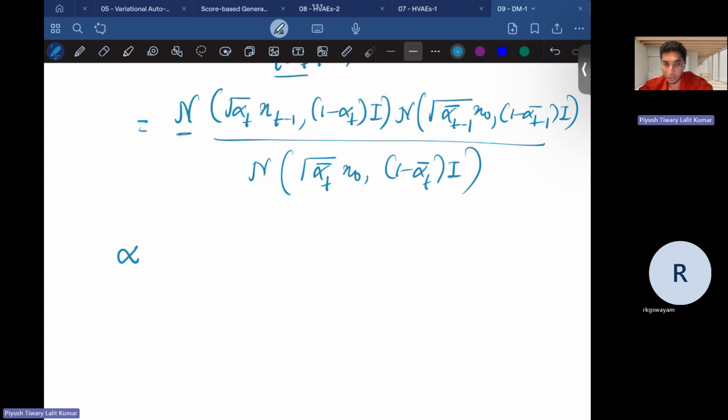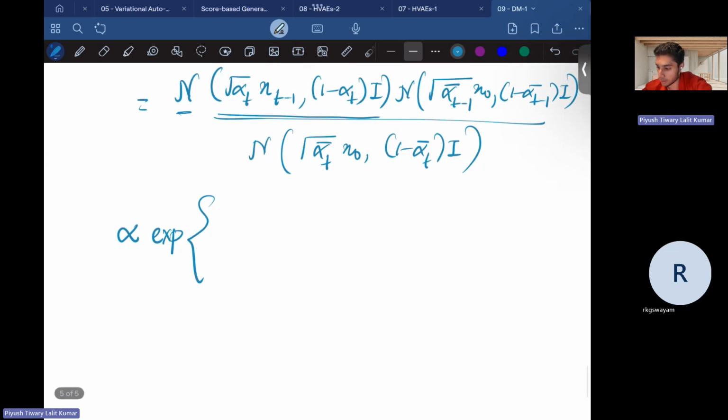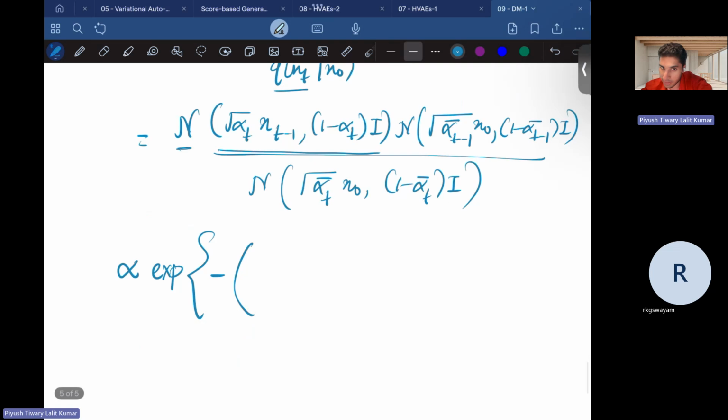That is all you need to really worry about. Let me illustrate. For the first term, what will be the term inside the exponential? That will be something like minus x minus mu whole square by 2 sigma square. So this is for xt.